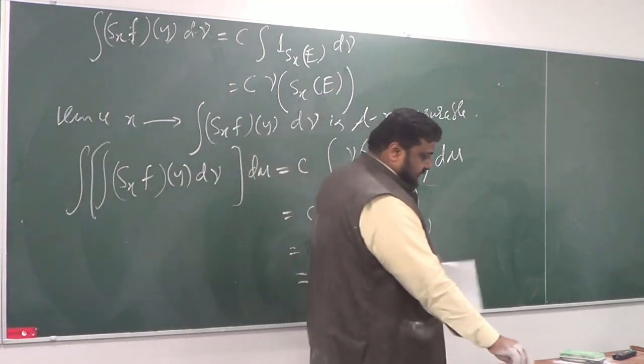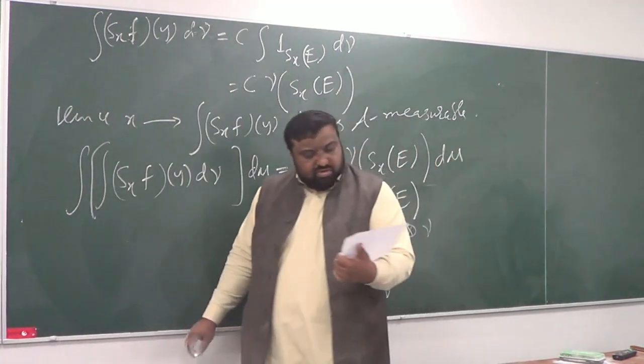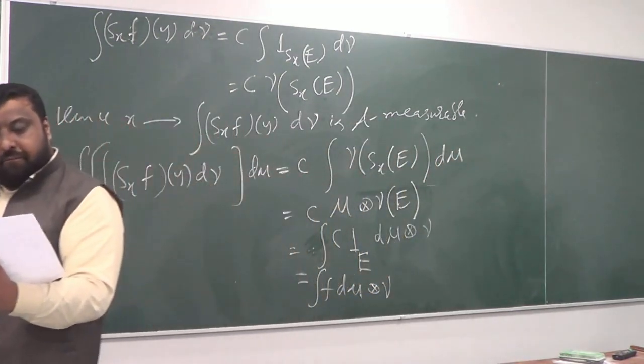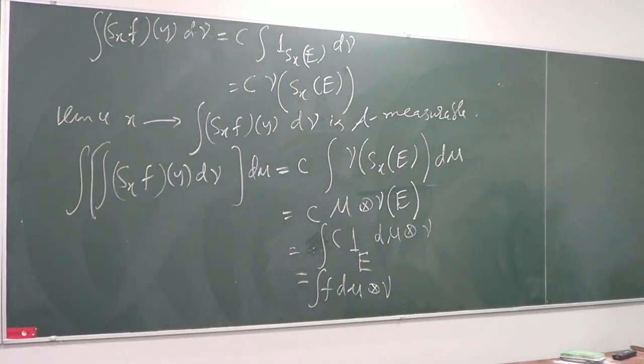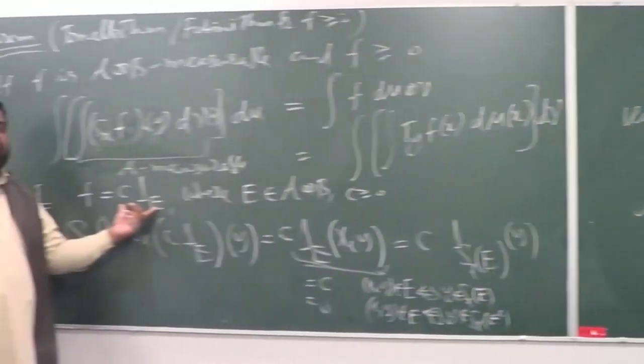Okay. I know you must be tired. By the way, would that be a difficult task to extend this when f is not an indicator function but a simple function?